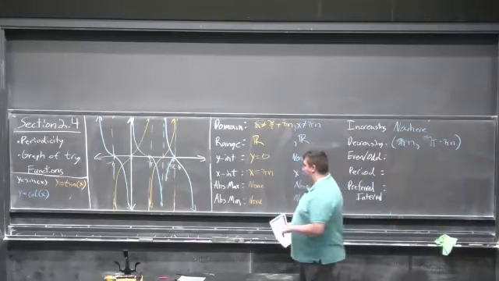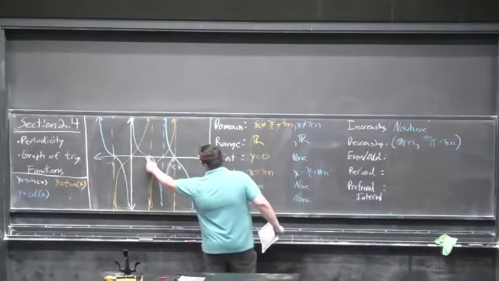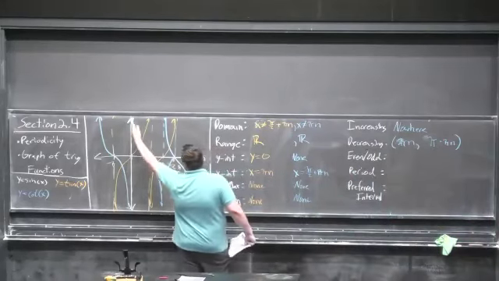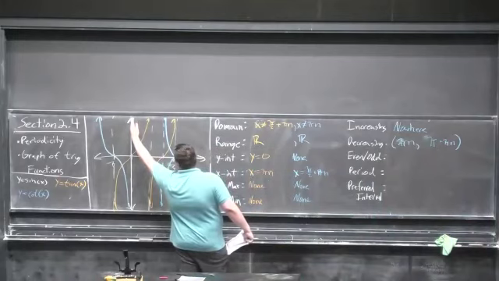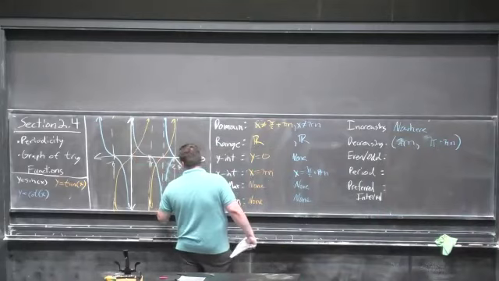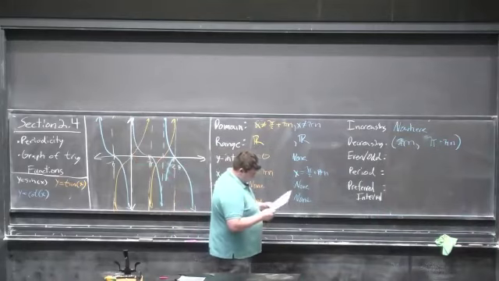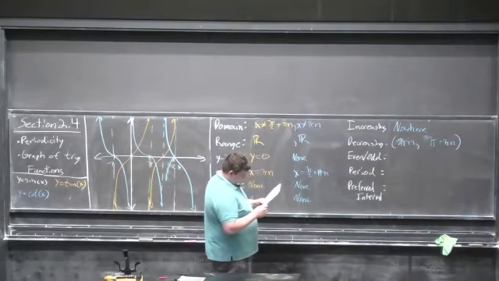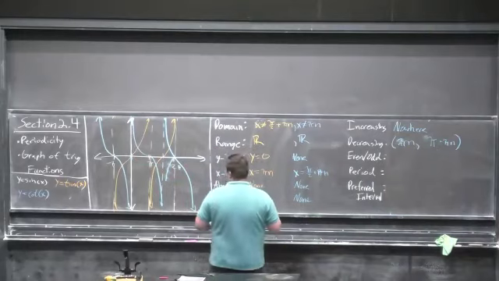I got my tangents confused. But we can see from here we're at pi, or 0 to here's 3 pi over 2. That shouldn't be that.